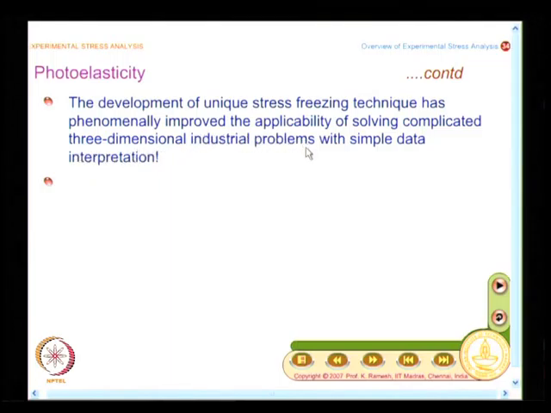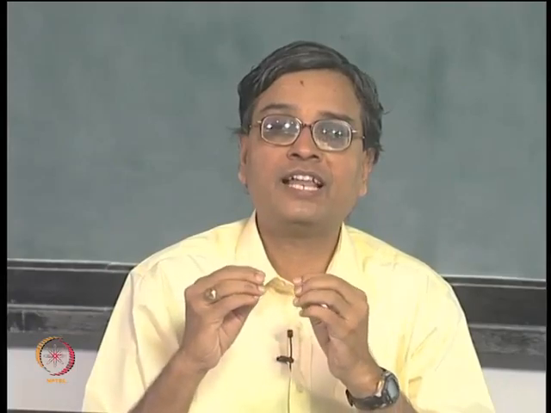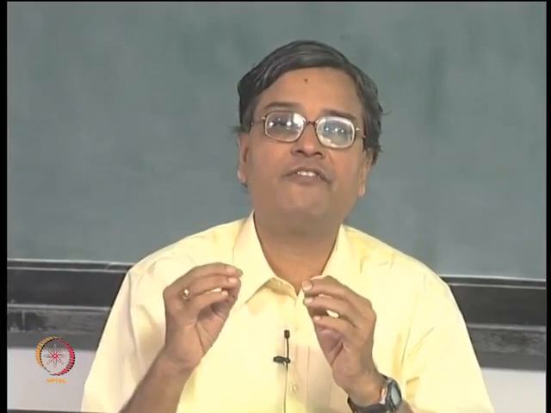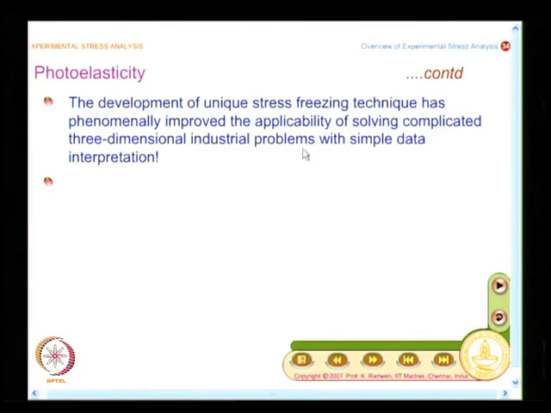Analyzing the problem as a whole is very difficult, so from the analysis point of view you still live in 2 dimensions by slicing the model into thin slices. Many industrial problems, whatever engines you see, whatever nuclear reactors you come across, have all gone through mandatory 3-dimensional photoelastic analysis.